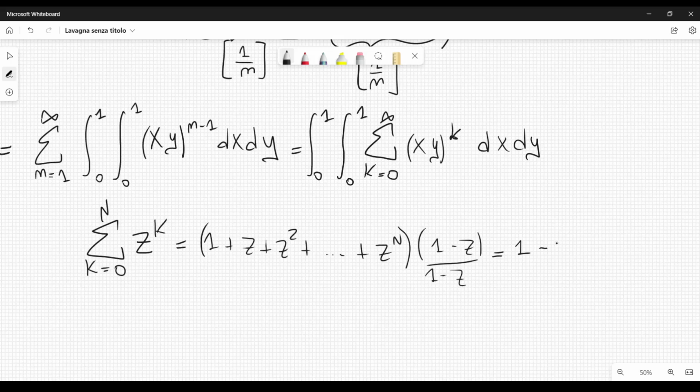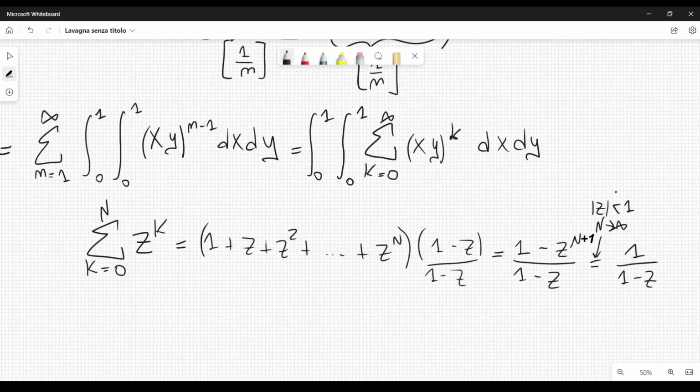So I have 1 minus z to the n plus 1 divided by 1 minus z. And now if we let n go to infinity, and we assume that the absolute value of z is less than 1, we get that this is equal to 1 over 1 minus z.